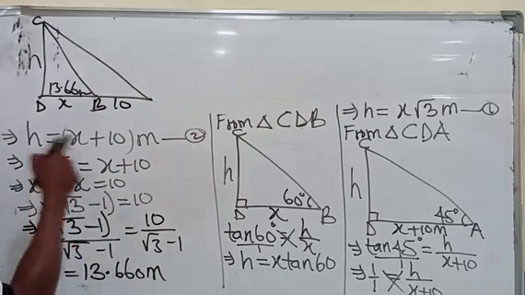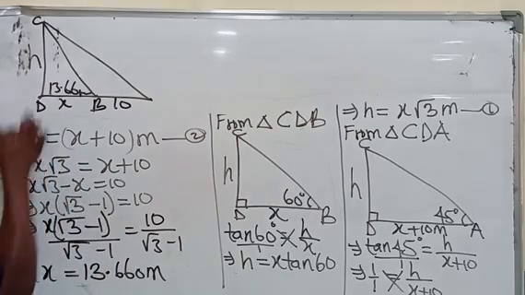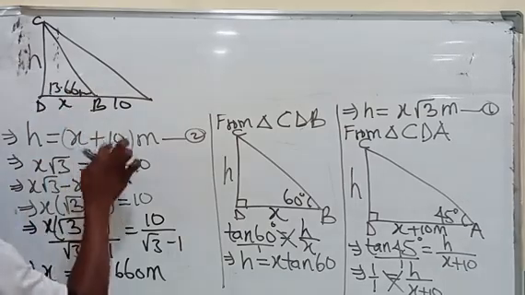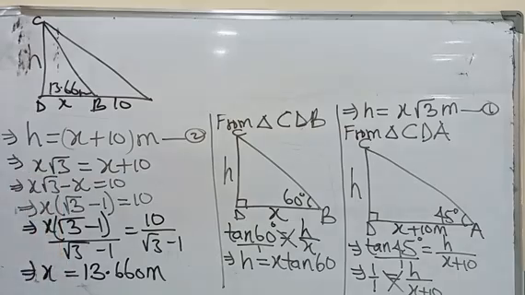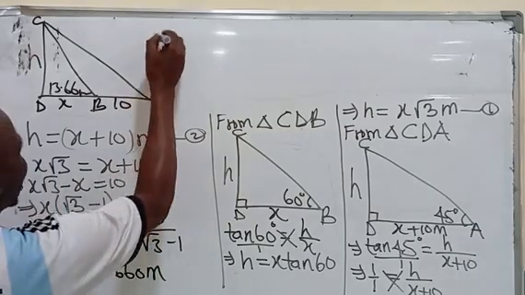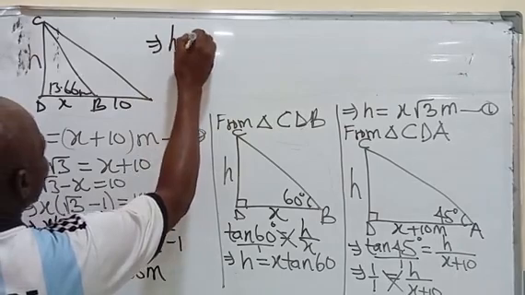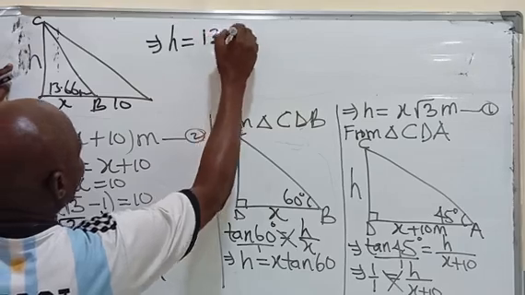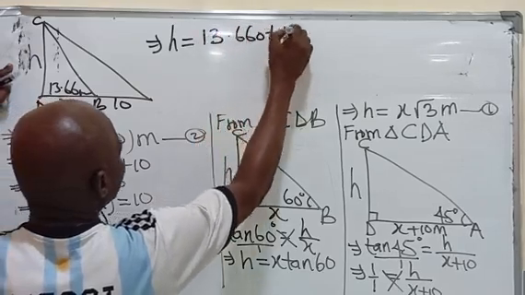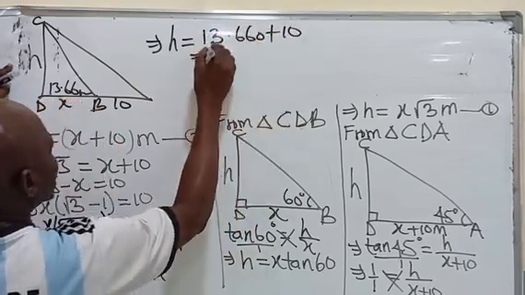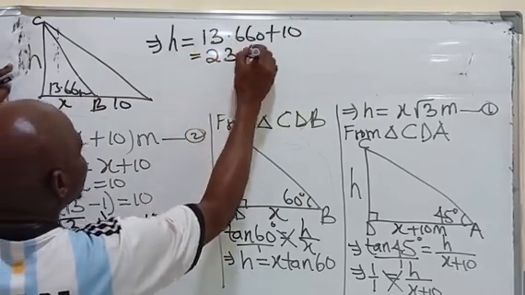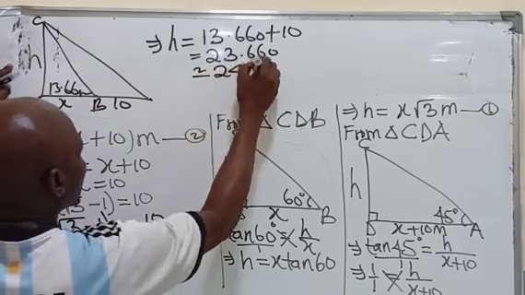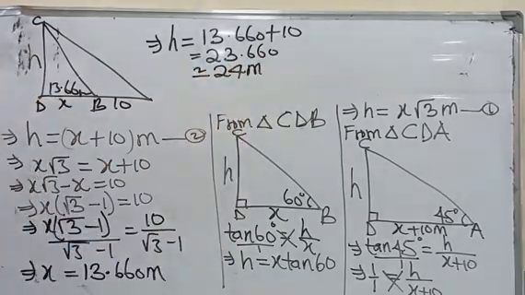The connection is that what? H, which is the height of the object, is equal to what? This X plus what? Plus 10. So this implies that height, which is H, is equal to what? 13.660 plus 10. That gives us what? 23.660, approximately 24 meters.